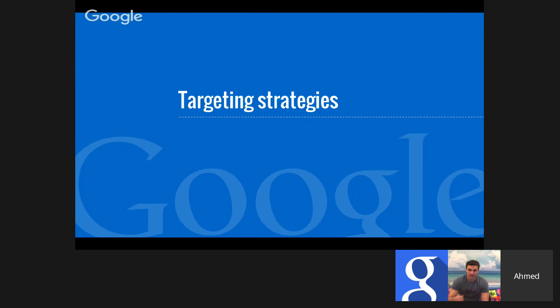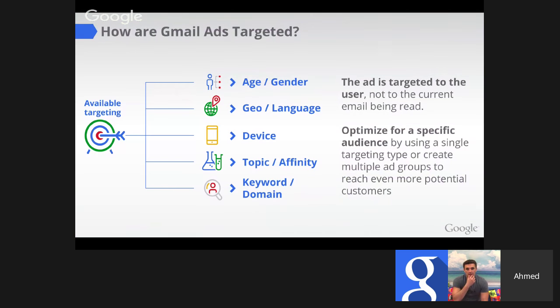First, a few of the targeting strategies and best practices around them. We can use age and gender, so demographic targeting, geo, language, device, topic, affinity, and keyword or domain. Not to go deeper into those, those are the targeting methods you can use at the moment.